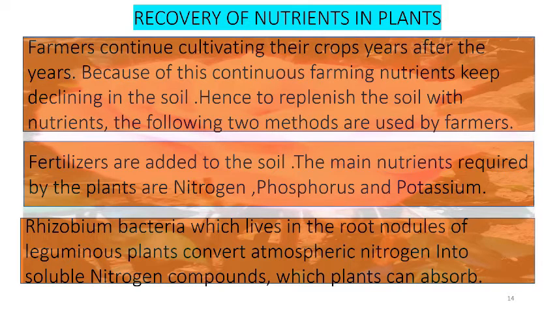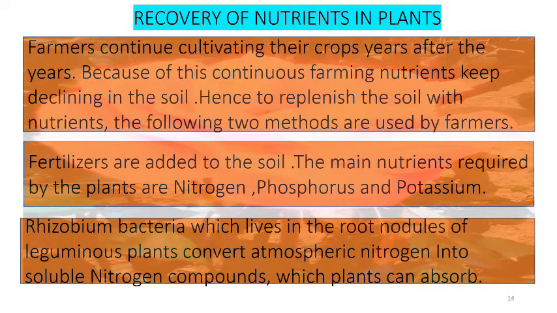The other way to replenish the soil with nitrogen nutrient is by growing leguminous plants. You know, students, a lot of nitrogen is present in the atmosphere, but the plant cannot absorb this nitrogen and use it. Plants can only use nitrogen in the soluble form. And as you know, leguminous plants contain rhizobium bacteria in their root nodules.